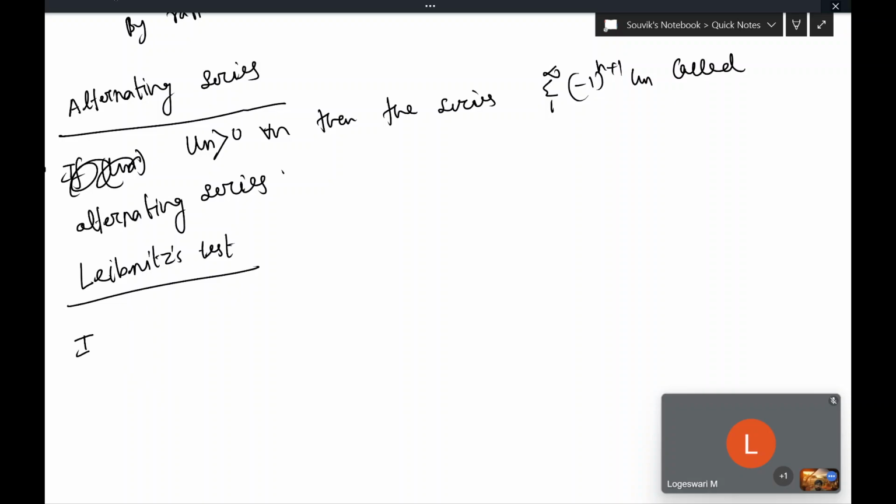This Leibniz test actually talks about convergence of alternating series.